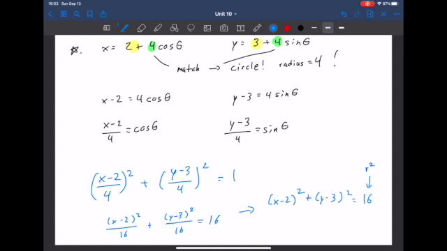Good. And you should remember that these reflect that the center is at 2, 3. It's what would make both of them equal 0, the x and the y. It's not a point on the circle. That's why plugging that in doesn't equal 16, in case you're thinking that. And that's right up here. That's the 2. That's the 3. So that's what adding numbers to these equations would do.